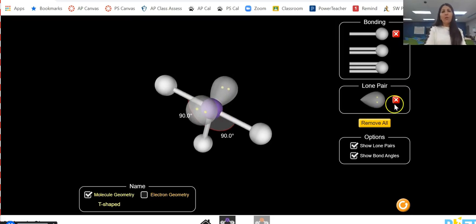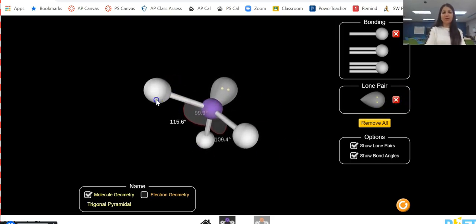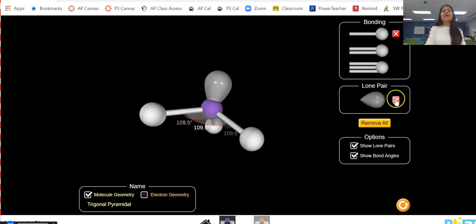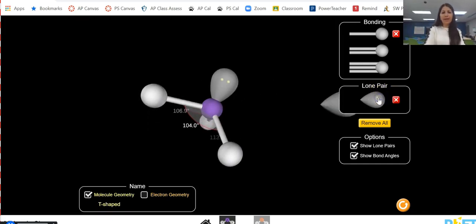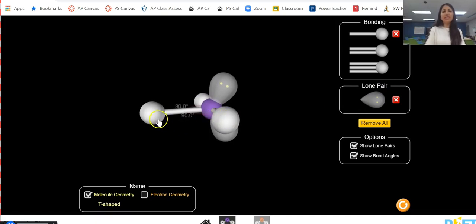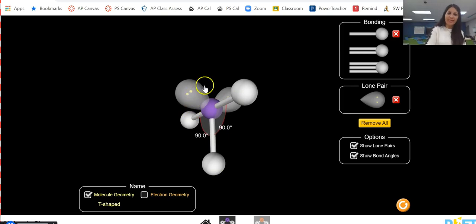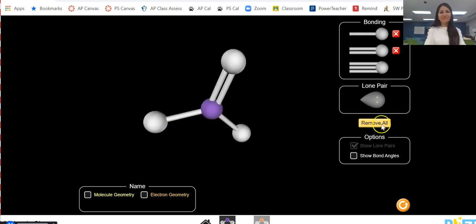So if we've got one lone pair of electrons, it's the pyramid shape at the 109.5-degree bond angles. If we add another lone pair of electrons, then it goes to the T-shape, and the T-shape is 90 degrees between here and then 180 between those two, obviously, okay, but the 90-degree angles between there. And that's it for 4 atoms, okay?